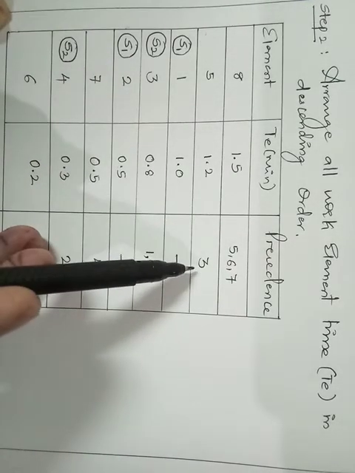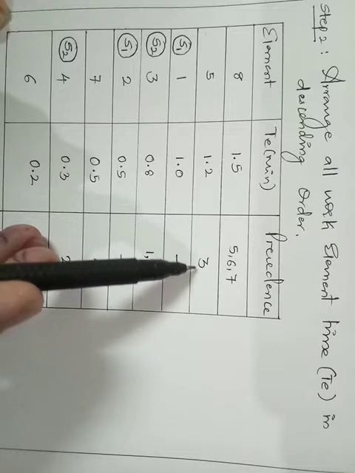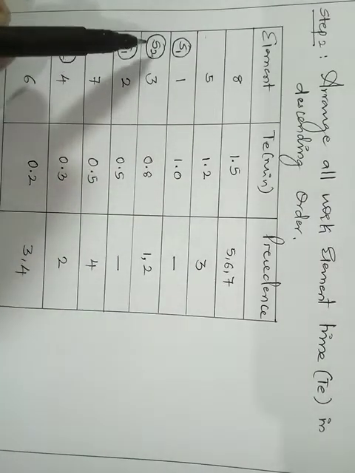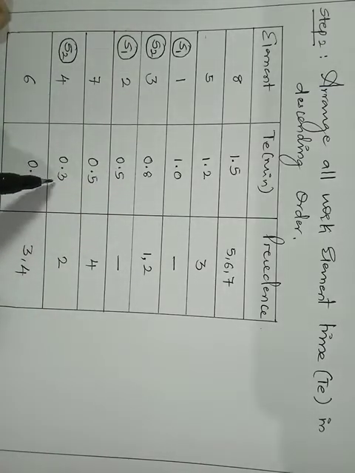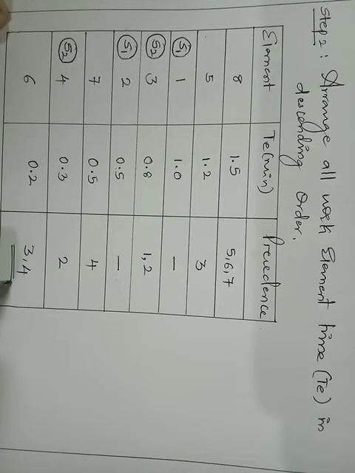Yes, here you are having 3 as precedence, but I cannot give this. Why I cannot give this? Because on S2 0.8 and 0.3, 1.1 is already done. Only thing which is remaining is 1.5 minus 1.1, 0.4. That is the maximum thing I can accommodate.